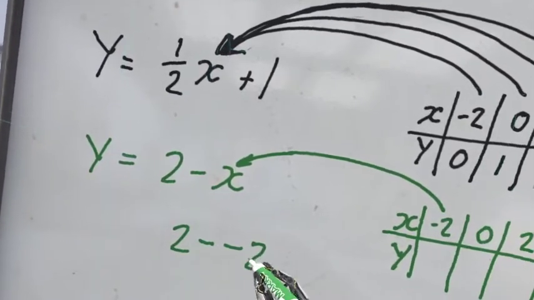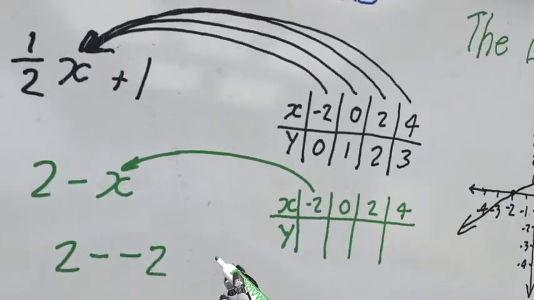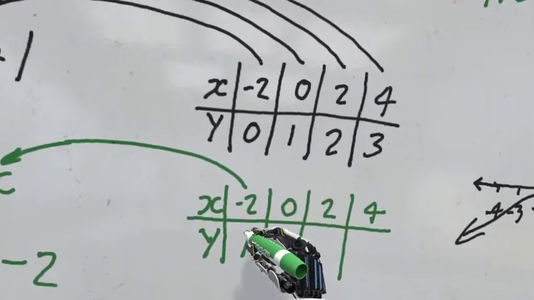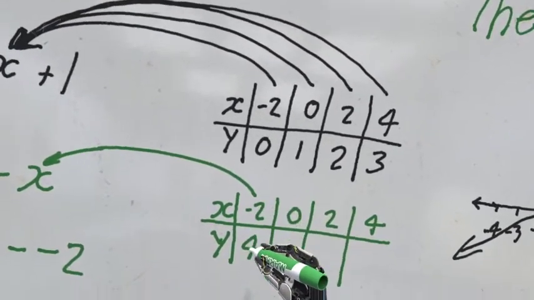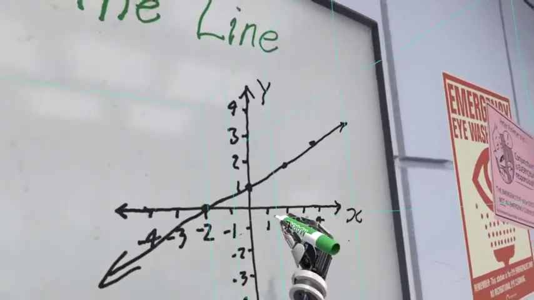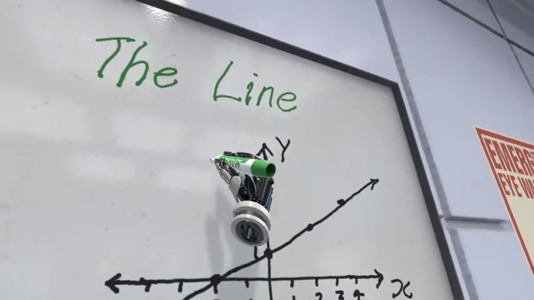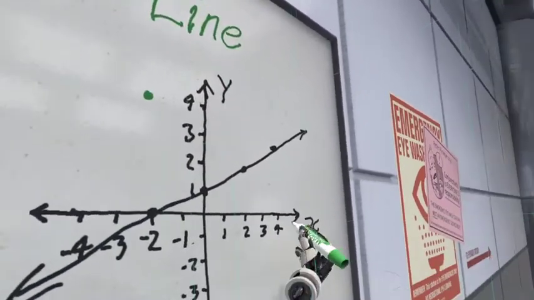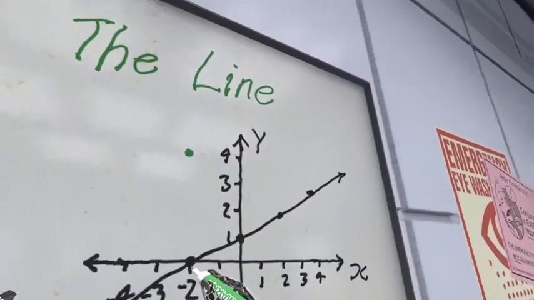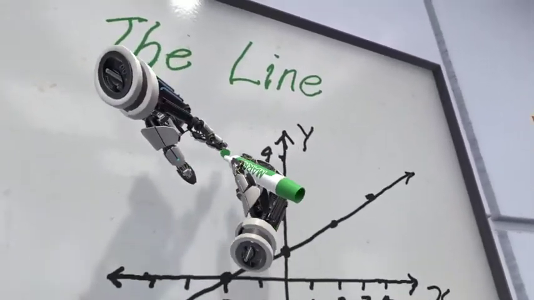So minus minus is a plus. 2 plus 2 is 4. So now we've got minus 2 and 4. So I've got minus 2, and there's 4 up there. So we want to put a dot up there. X first, figure out your x value, then your y value, and then join your fingers together.